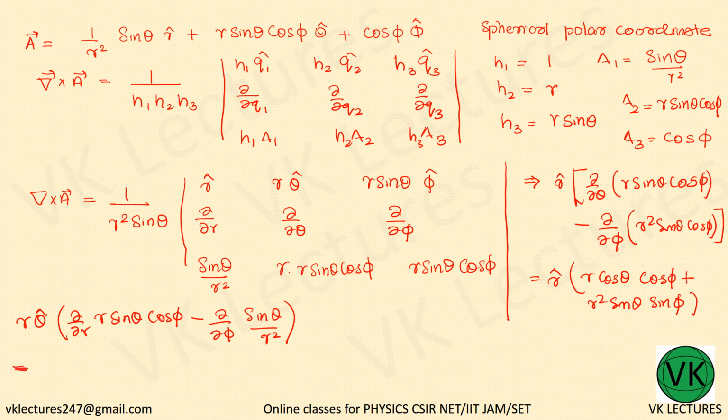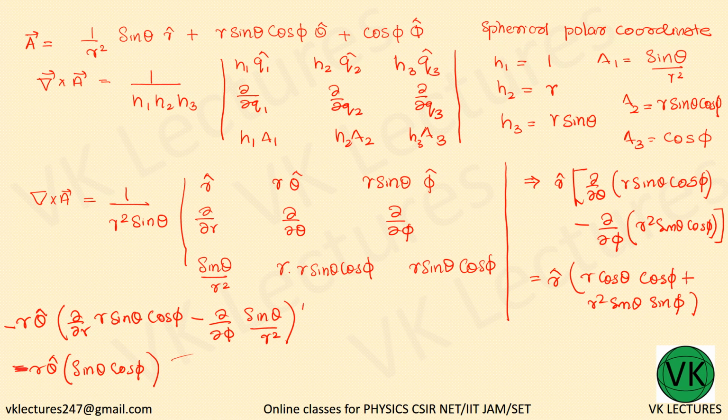Okay, I think we made a mistake. No, fine, it's fine. So that's equal to r theta cap into dou by dou r of r sin theta cos phi, so sin theta cos phi will remain, minus this term will be 0. And there is a minus sign because this is the second term.